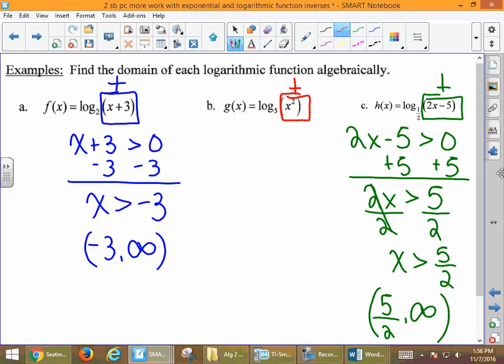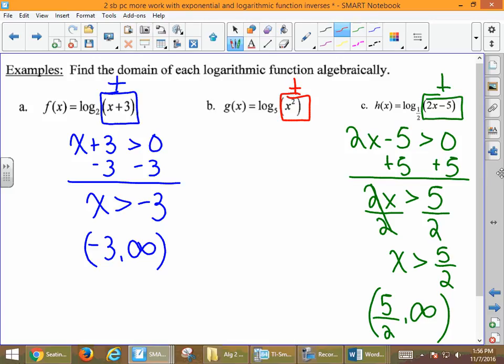Like if you square 4, you get 16. If you square 5, you get 25. If you square 10, you get 100. What happens if you square negative 4? What kind of answer do you get? Positive 16. Or if you square negative 5, you get positive 25. Or you square negative 10, you still get positive 100.